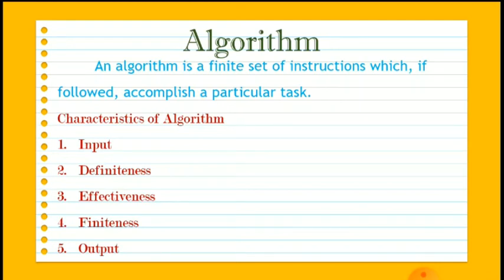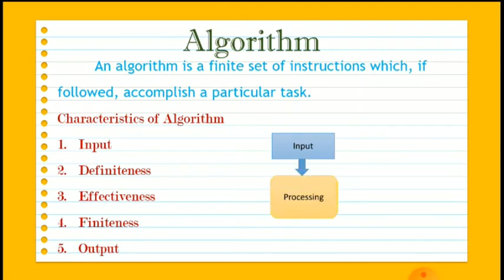These 5 characteristics are divided into 3 parts, that is input, processing and output. The characteristic input comes under the input operation.